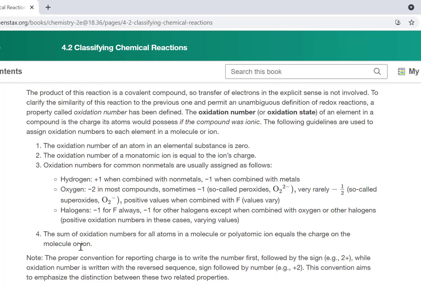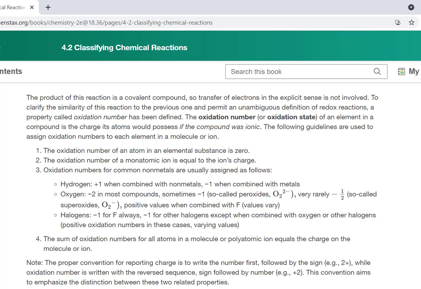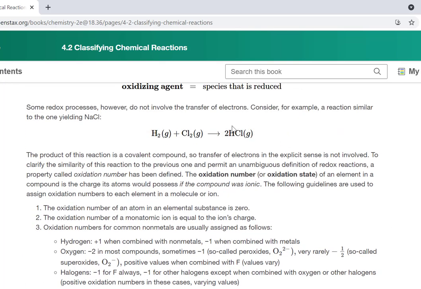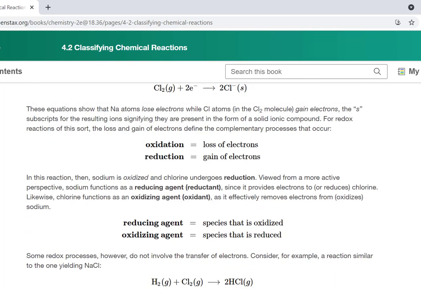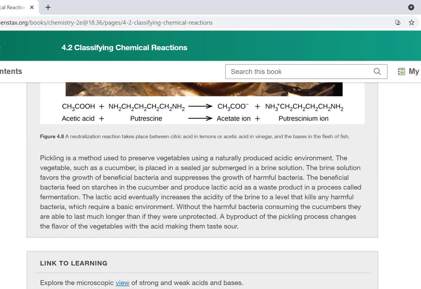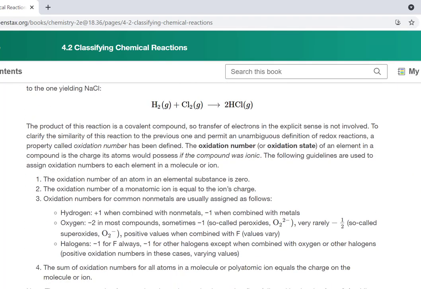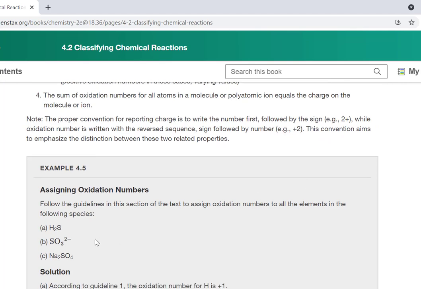And then the fourth one is where we bring it all together. The oxidation numbers of all of the atoms within a substance have to add up to the charge on that substance. So if you have a neutral compound, like up here we have HCl, everything adds up to 0. If you have a polyatomic ion, and down here is an example of one, it would have to add up to the charge of the whole ion.